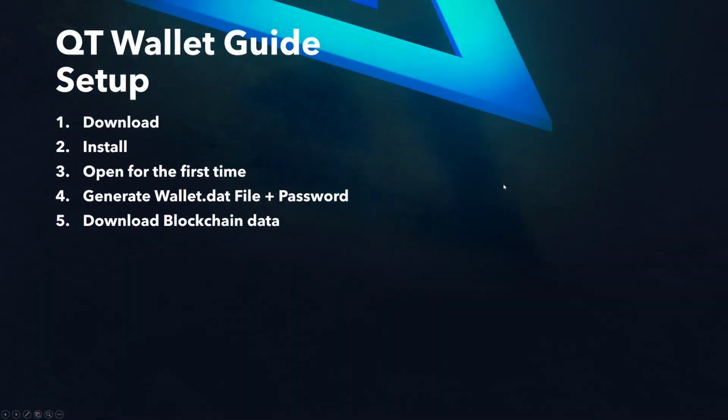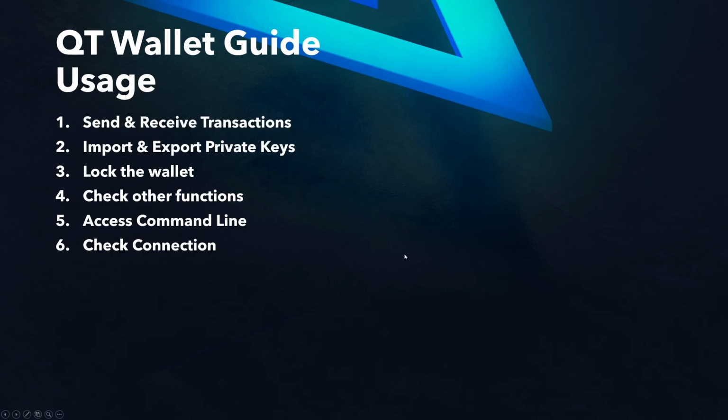With that, we conclude our Qt wallet setup guide, and we can move on to the next part where we show usage of the wallet and show you some examples of each function, and let's say real life examples. We will send some coins, we will receive some coins, we will import and export private keys.